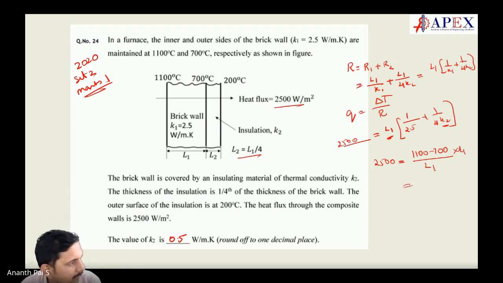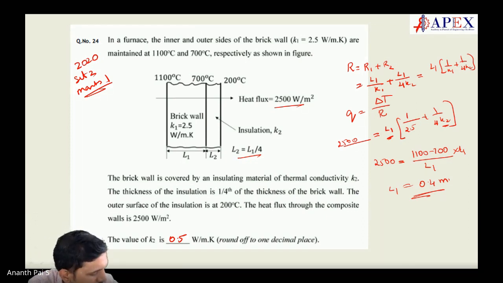L1 we don't know, so we can find L1 using that: 0.4. So you get 0.4 meters. Once you get L1, you can find K. Easy. 0.5. Now write the question if you want, or you can skip that. Don't worry. I hope you got the way to solve. That is very important. Next.